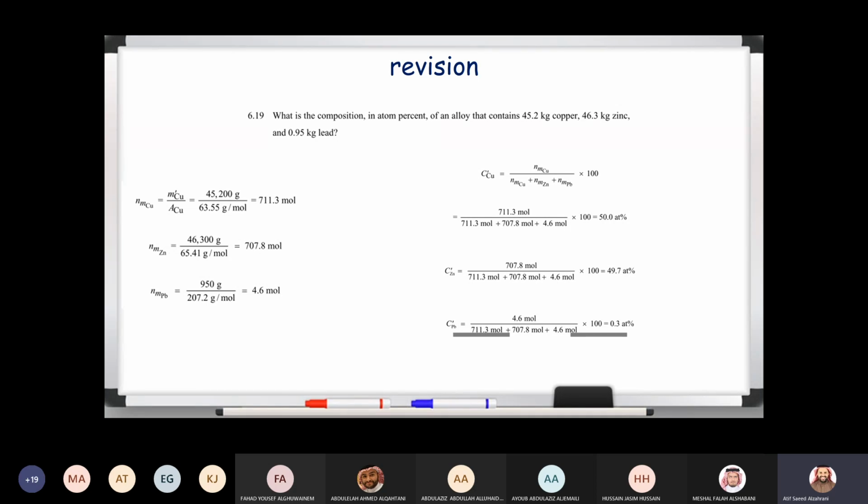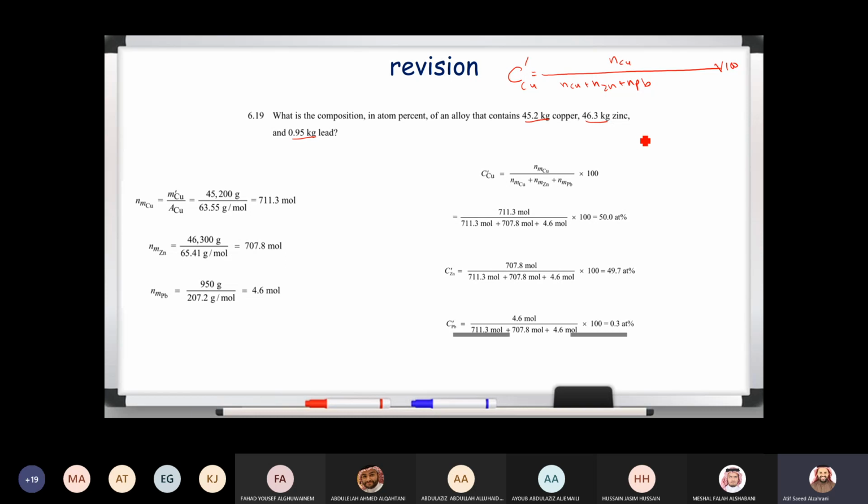So here's an example. He said that what is the composition and atomic percentage of an alloy contains 45.2 kilogram of copper, 46.3 kilogram of zinc, and 0.95 kilogram of lead. So the way to do it is, we know that C copper, for example, is equal to N copper over N copper plus N zinc plus N lead times 100.